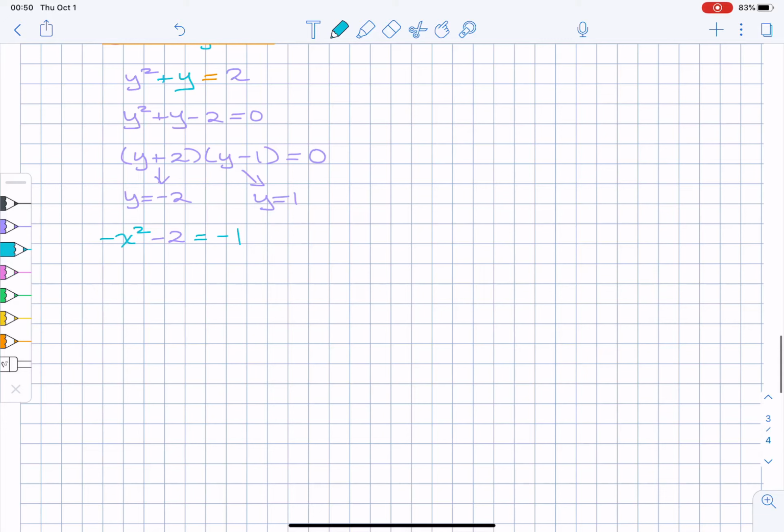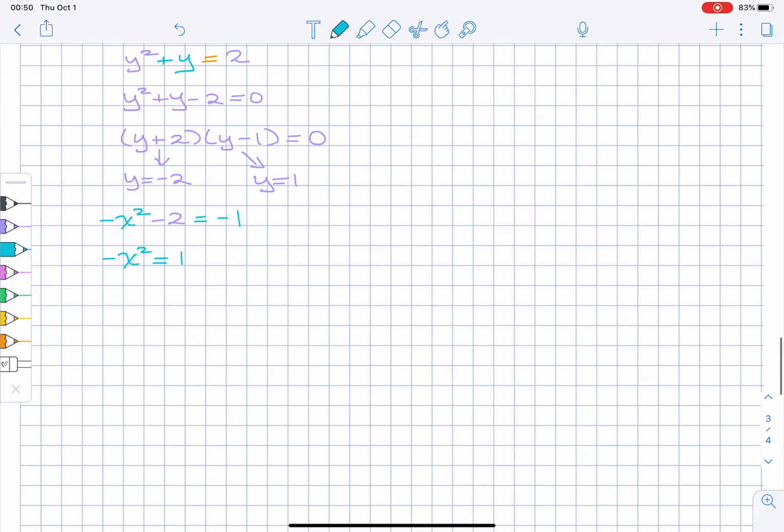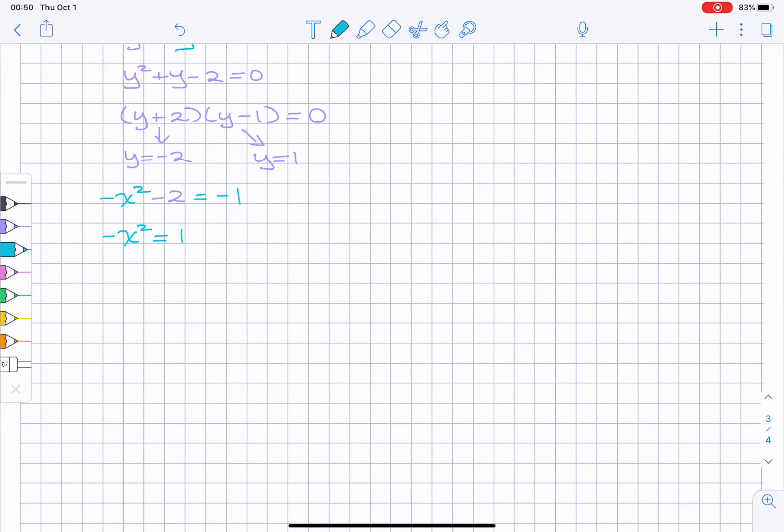So negative x squared is positive 1. So what's going to happen there? That means that there's no solution, right? So this is in C, so there's no solution here. They're complex numbers.